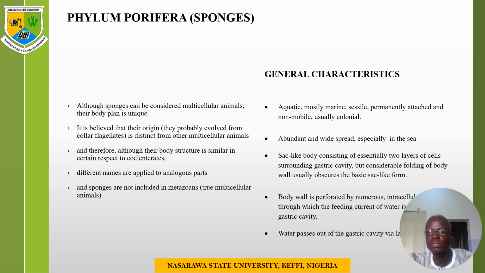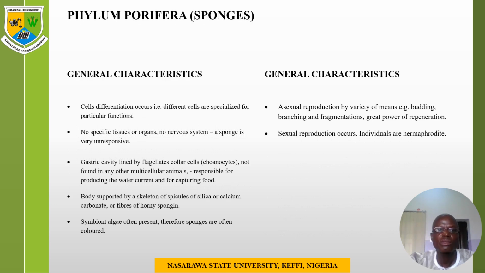Water passes out of the gastric cavity through other openings. Differentiation occurs in different cells, that is, different cells are specialized for particular functions.